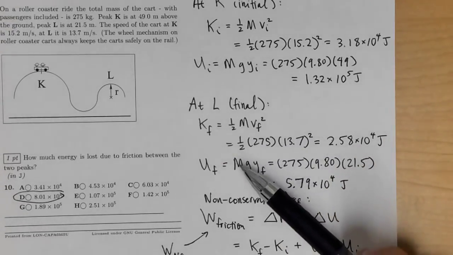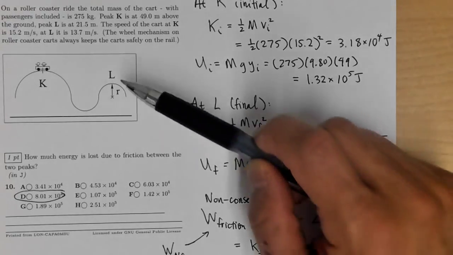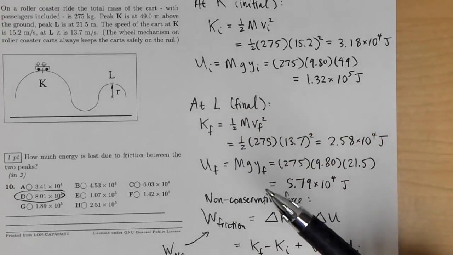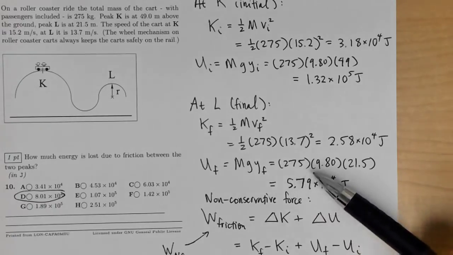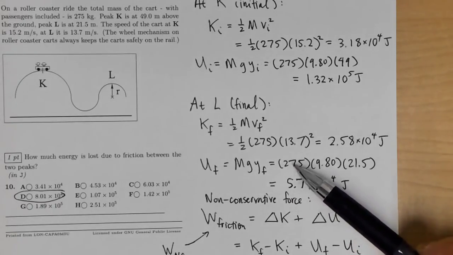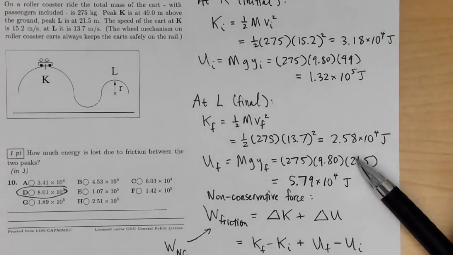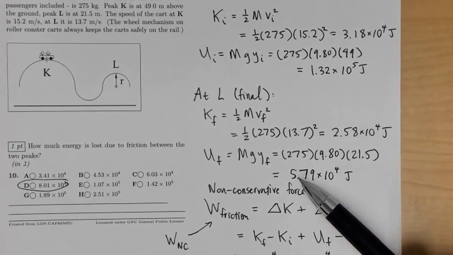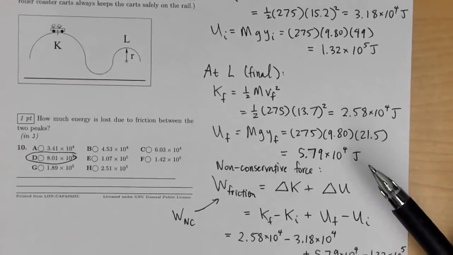The final potential energy is m times g times y final. This is at a height of 21.5 meters, so 275 times 9.8 times 21.5 comes out to 5.79 times 10 to the 4th joules.